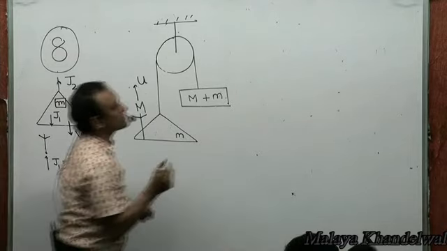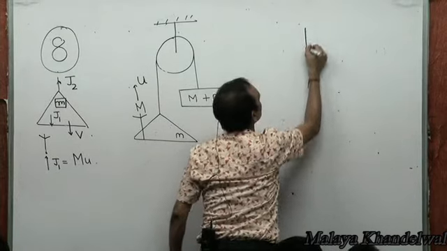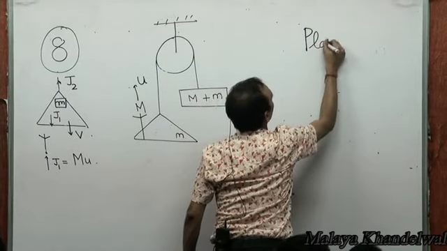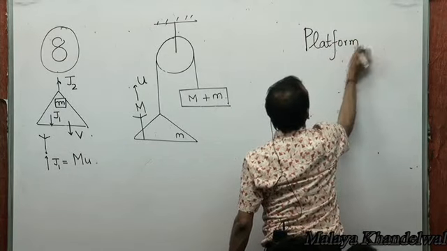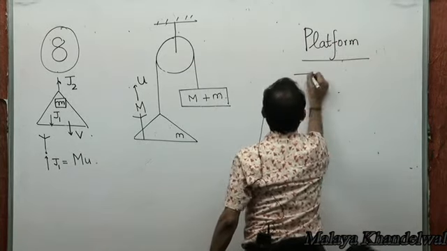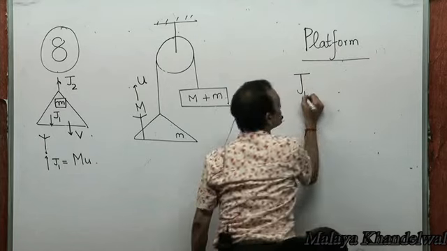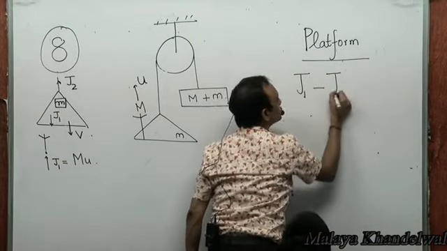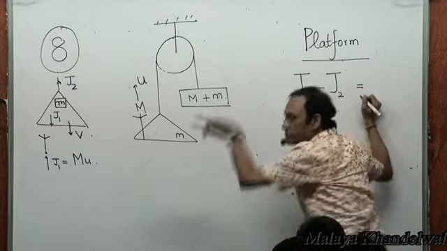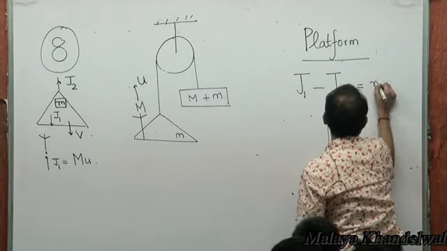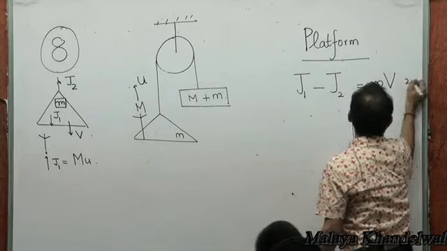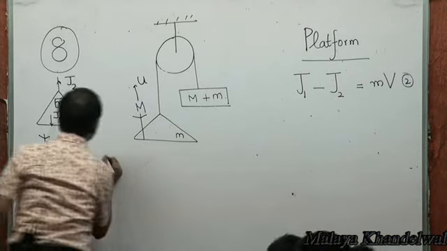So can I not say from the platform side of the story, the net downward impulse, which is J1 minus J2, is the change in linear momentum of the platform in the downward direction, which is m into v? Yes or no?